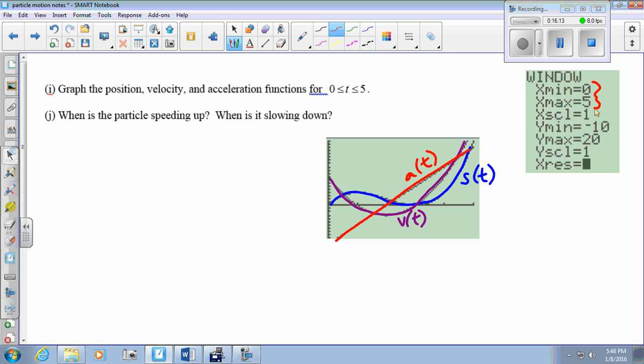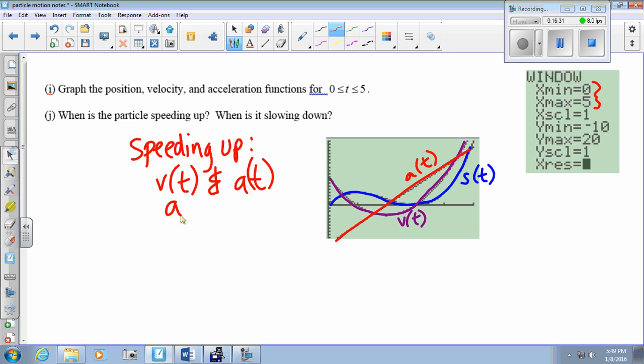Okay, part J talks about when the particle is speeding up and when it is slowing down. What you need to know is that your particle is speeding up when your velocity and acceleration have the same signs, so both positive or both negative.